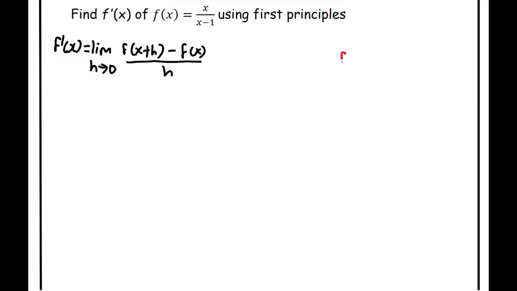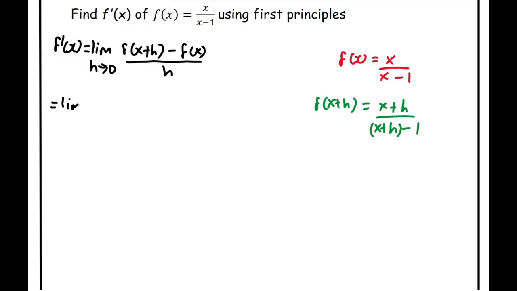Our f of x is equal to x over x minus 1. Our f of x plus h is equal to x plus h over x plus h minus 1. So we get this and plug in the equation.